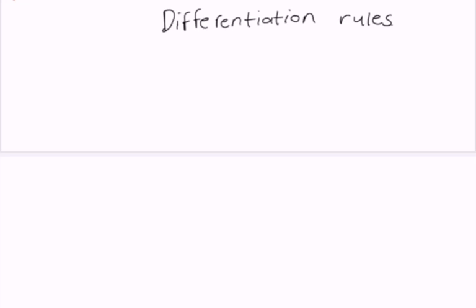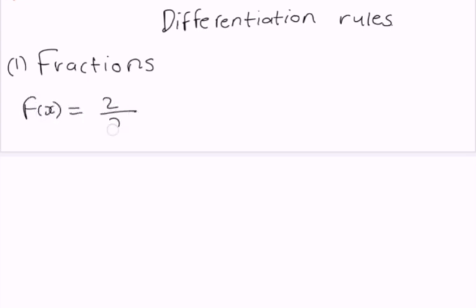Okay, the first one that you should look out for is the fractions. What do I mean by the fraction? You'll be given something like f of x is equal to 2 over x. You cannot find the first derivative of f of x if the x is on the denominator.